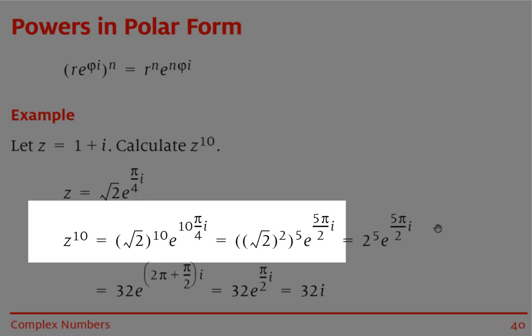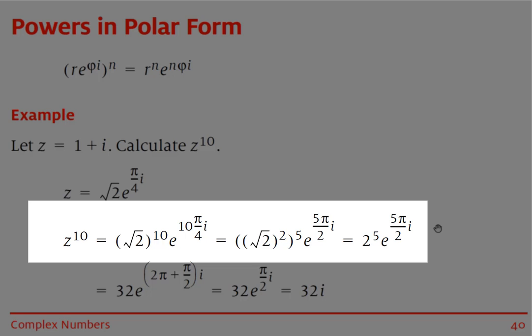Square root of 2 to the power of 10 is square root of 2 squared, and the whole thing to the power of 5, because 2 times 5 is 10. And the angle 10 pi fourth is the same as 5 pi half.